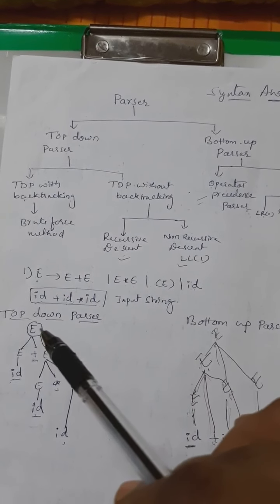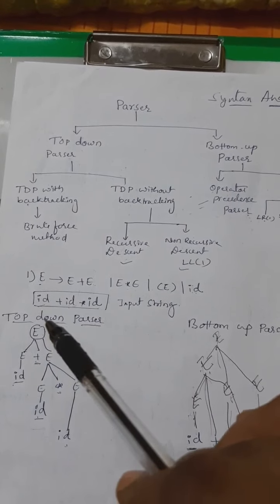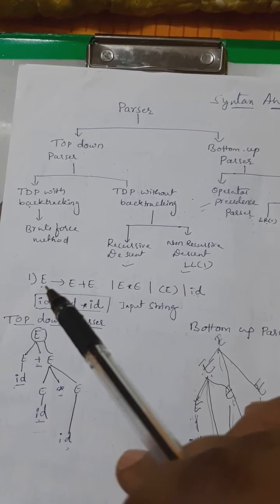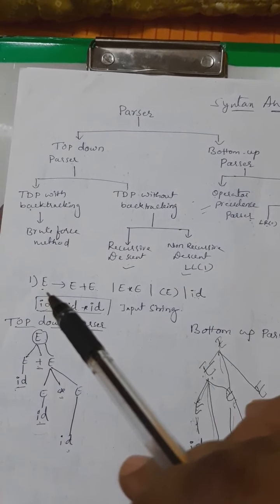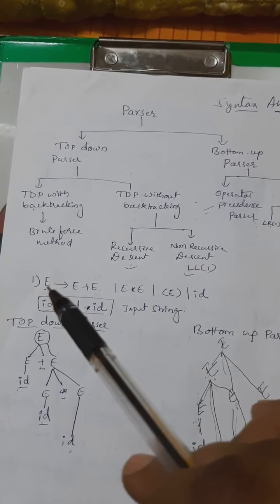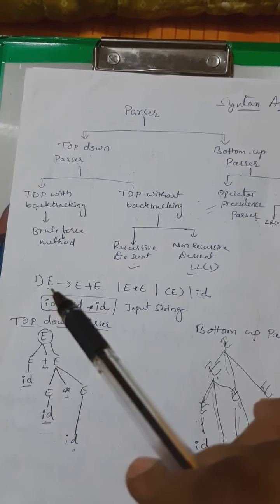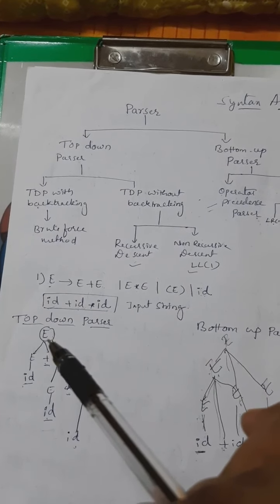Let us check the construction of the top-down parse tree. As I said, the top-down parser starts the construction of the tree from the root node. Here the root node will be the grammar start symbol itself. So what is the grammar start symbol here? It is E, so that will be the root node.